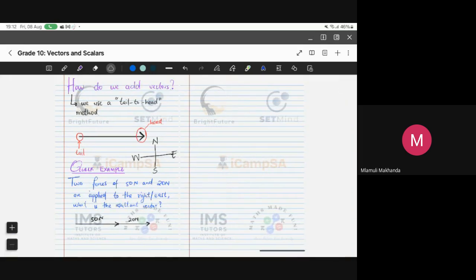Now, what I was saying, let me highlight it. Always start the next vector from the head of the previous vector.